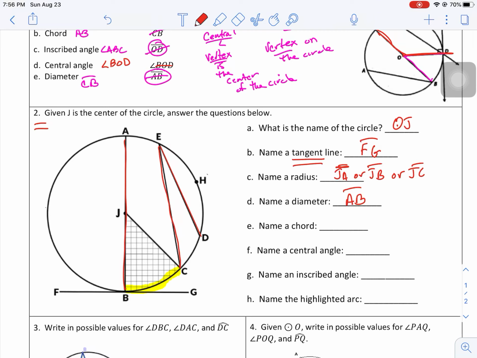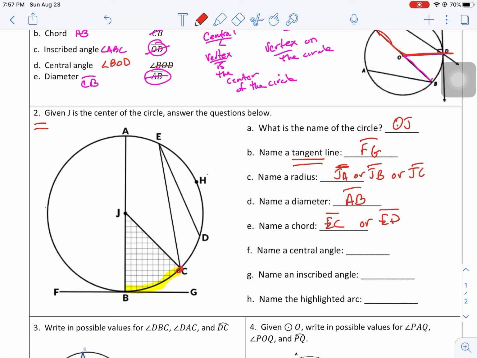We don't have JC because C is on the end, but J is not. It'd have to go all the way across, so that doesn't work for us, okay? So those are the 3. So we can either have AB, which we already know is the diameter. We could have EC, or ED. Either one of those 3, okay?